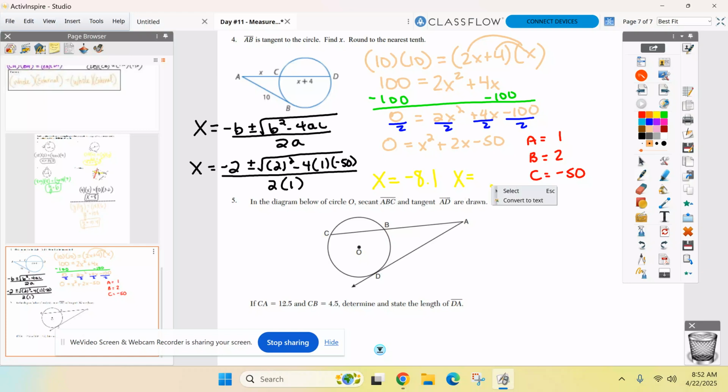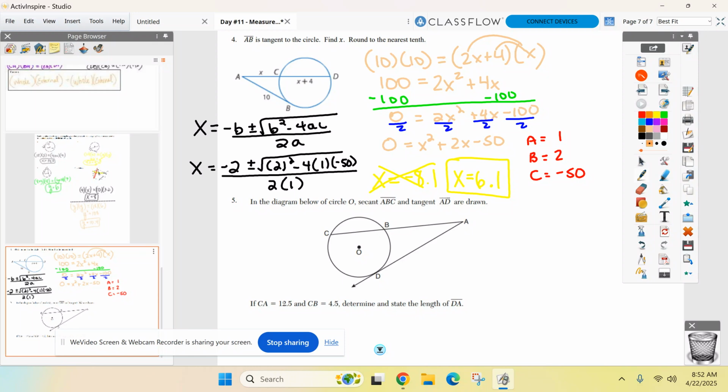I got that one. Yep. Now take that minus and put a plus in. Yep, 6.1, nearest tenth. And we talked, one's not going to make sense, right? Because there's no way I could have AC be negative 8.1. You can't have a negative length, so make sure that's rejected, and we're just keeping 6.1.